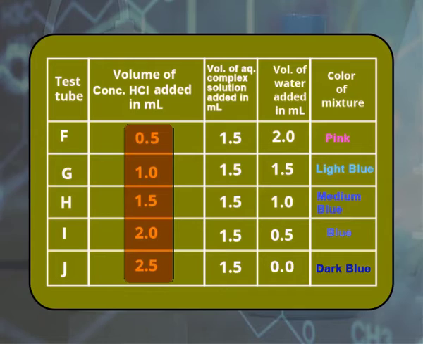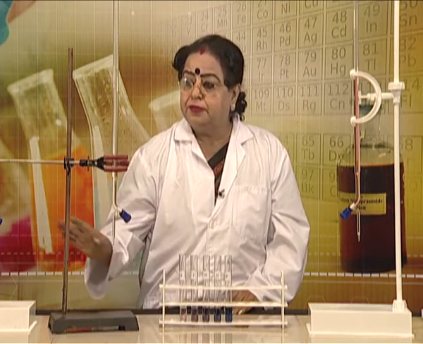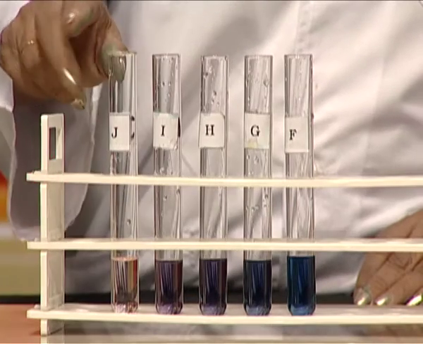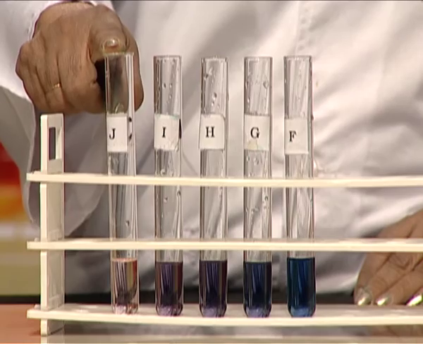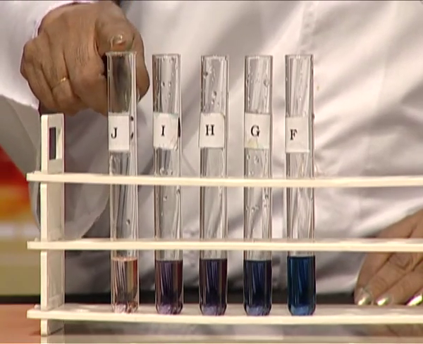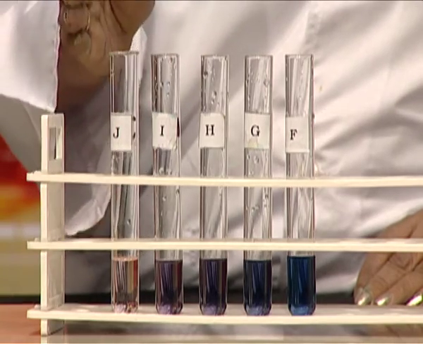Then we have to compensate for the rest of the amount with water from another burette, and we have made the contents of each of these test tubes equal to 4 ml, and have observed that the color has changed when we have added more and more of the chloride ions while we move from this side to this side of the test tubes.